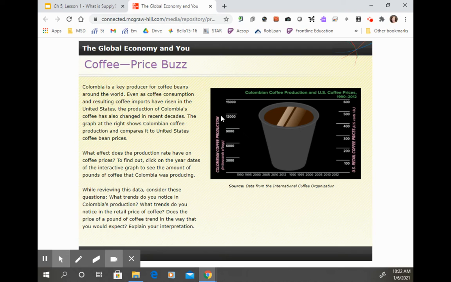Okay, so here on the left is Colombian coffee production. I'm trying to figure out how to pull that up here.